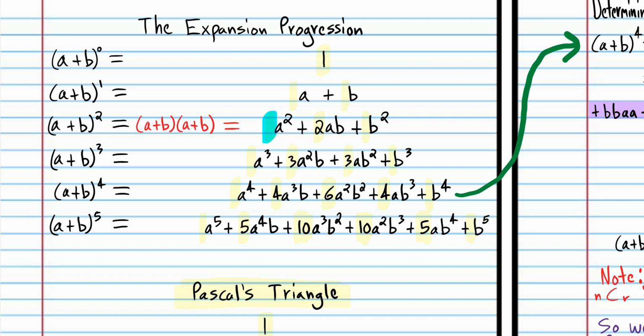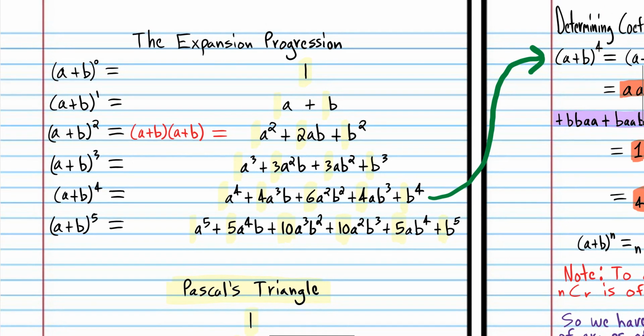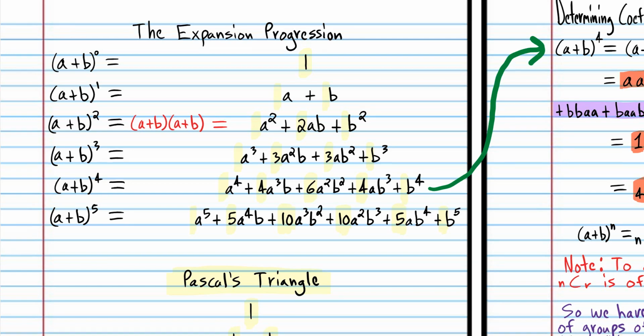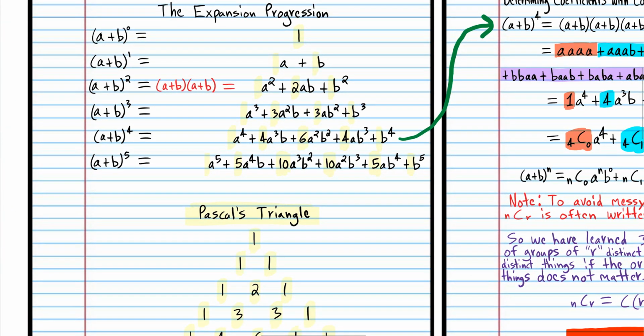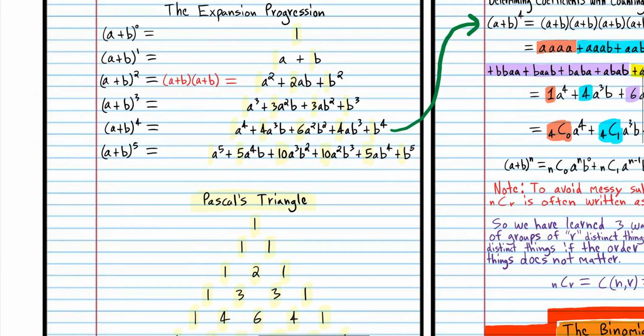And of course, outside we have 1 there, so 1 coefficients. And we have 1, 4, 6, 4, and 1. So how do we know what those coefficients are going to be? Well, that is not as easy to figure out. That's why it took a lot of time for mathematicians to figure out this theorem.